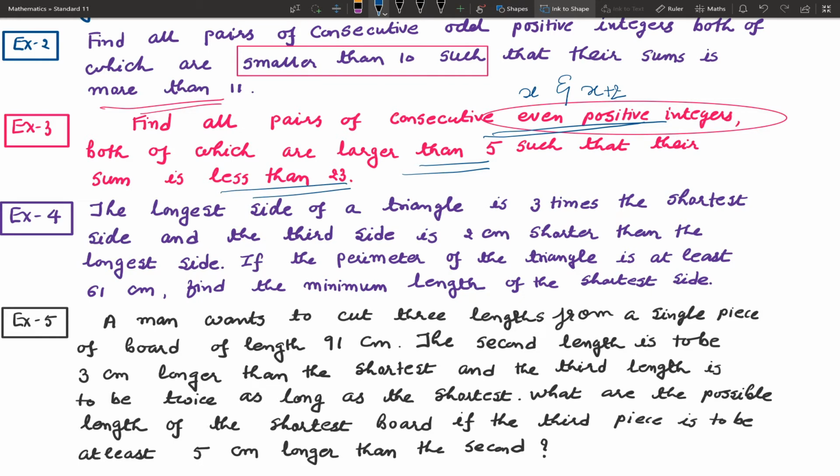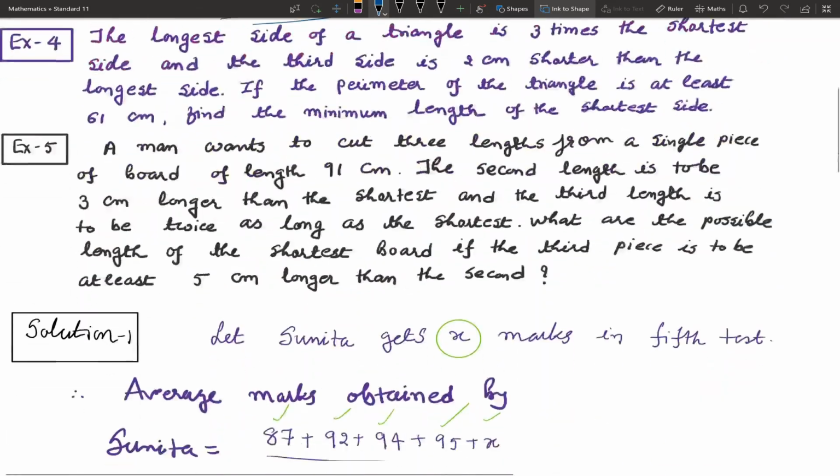Both are larger than 5 and the sum is less than 23.